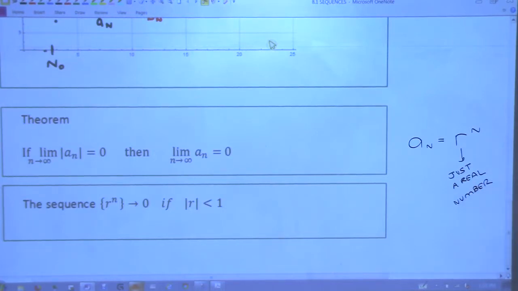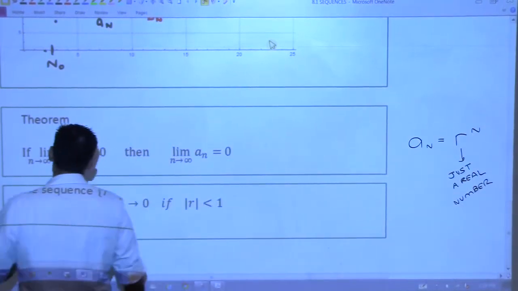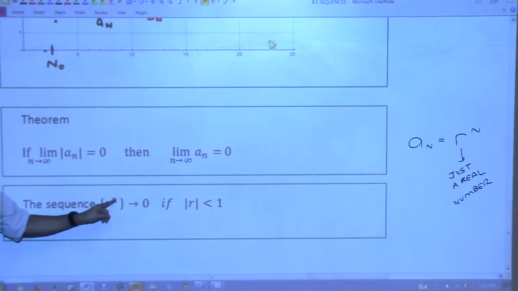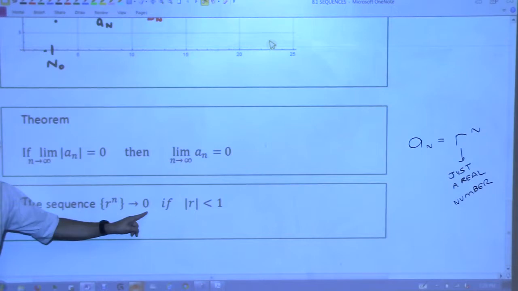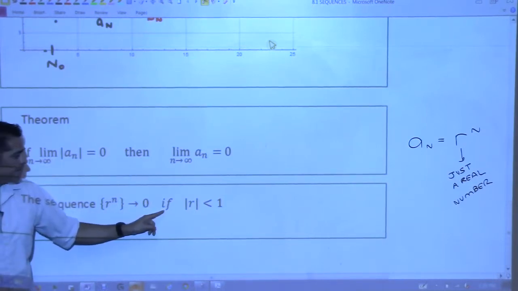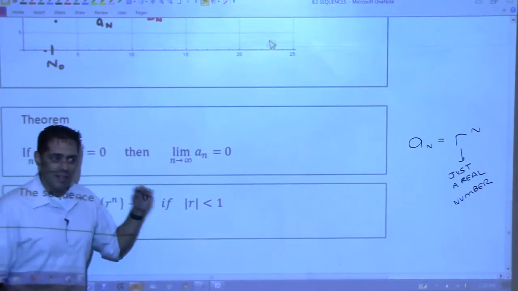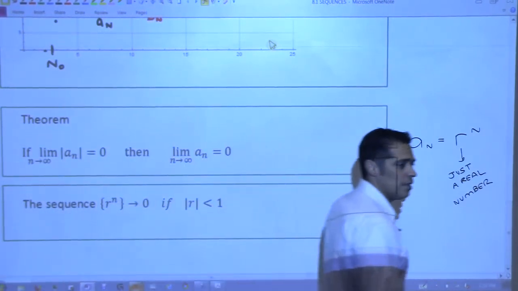So if our sequence is some number raised to the power n, then look at what this theorem says. The sequence r raised to the n converges to 0 if the absolute value of r is less than 1. So as long as the absolute value of r is less than 1, it's going to converge to 0.